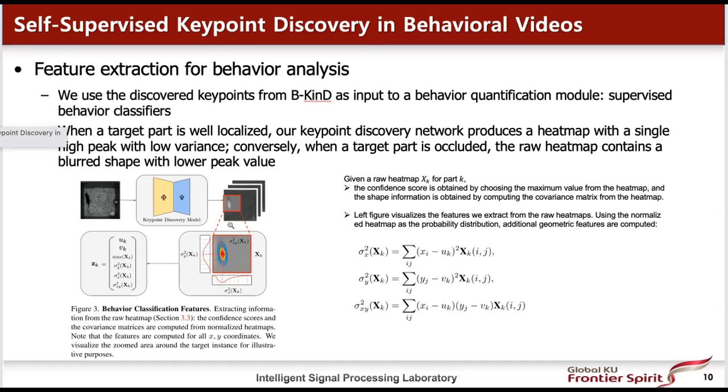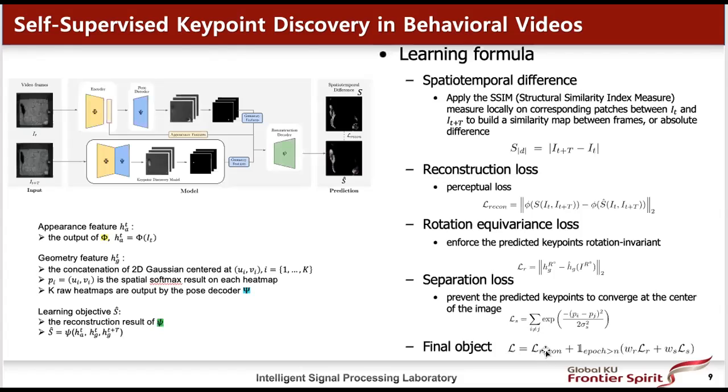So in this case, I'm still somewhat puzzled how you really teach them to find the right heat map that corresponds to the key points here. What encourages that in terms of training? Let's come to the learning loss function, the final loss function.